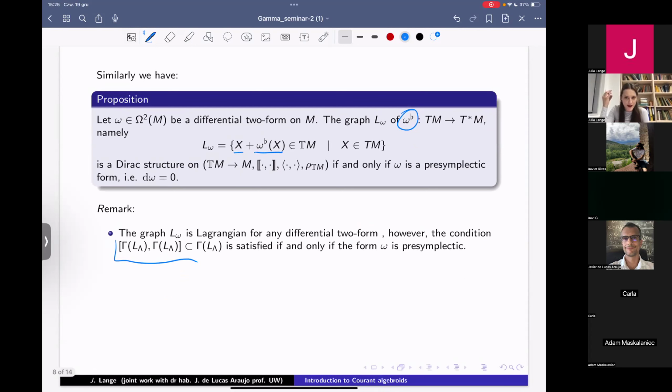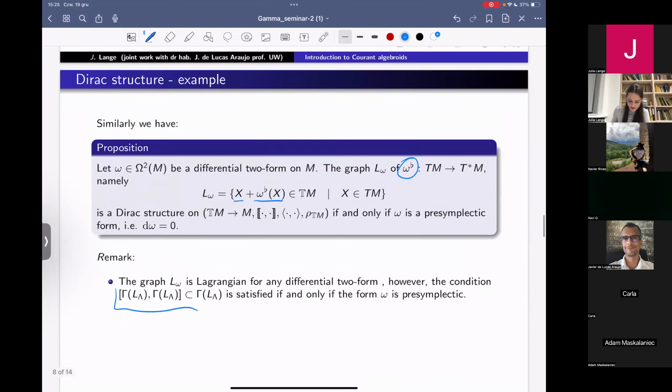One question we may ask is, if we are given a Dirac structure on our generalized tangent bundle, whether it comes from a Poisson structure or not.